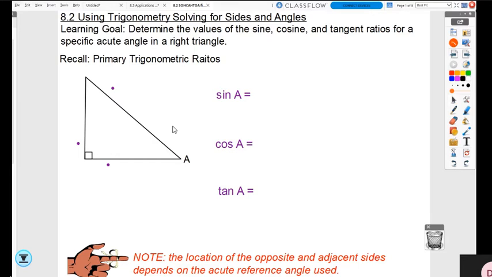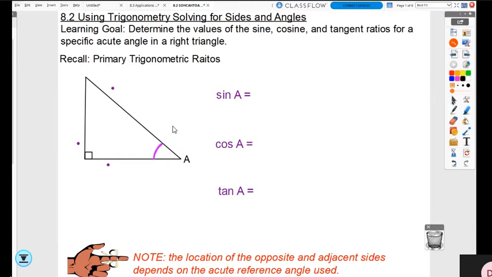Okay, recall here. So we kind of just did a little bit of this. Here's our triangle, a right triangle, and we're using angle A as a reference. They want us to label the triangle and also identify the primary trigonometric ratio.